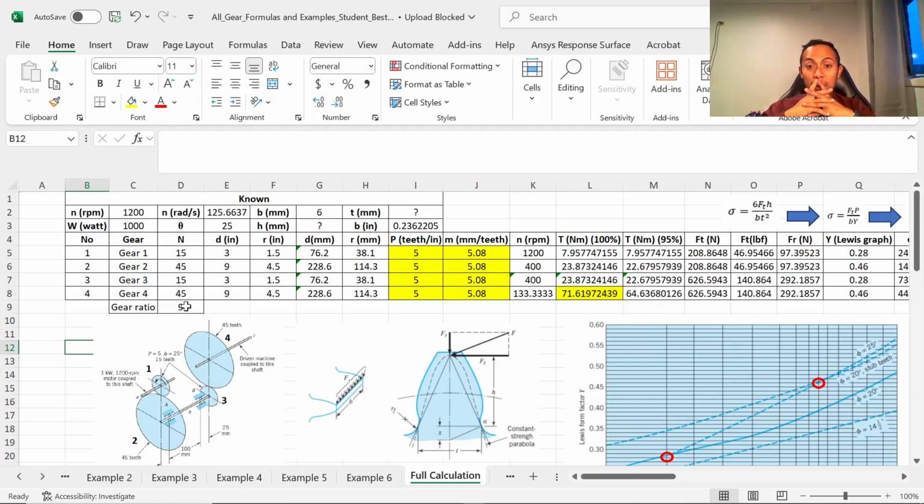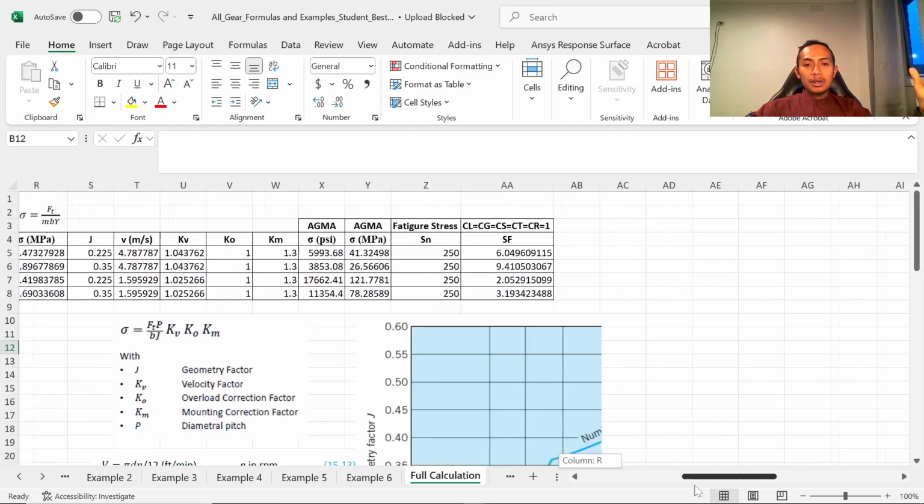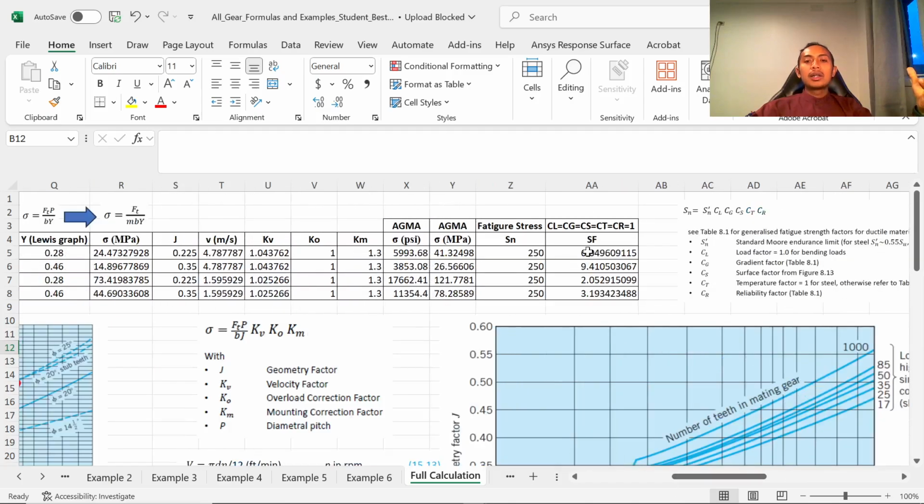That competition reminds me of how we design from scratch to the product. We analyzed each gear and its safety factor. This long calculation ends with the safety factor in the last column.